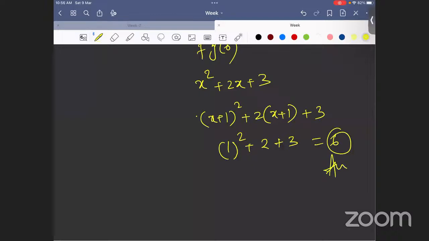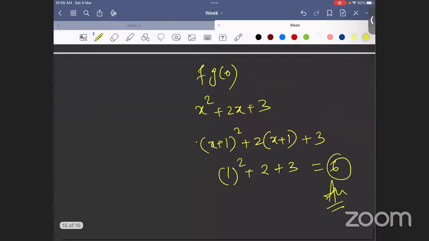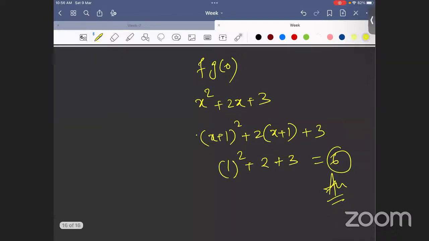Sir, why did you do x plus 1 whole square? It's fg of 0, the product of two functions. Why did you do a composite function? Is this a product or a composite that has been given? No, sir, product function: f of 0 into g of 0.